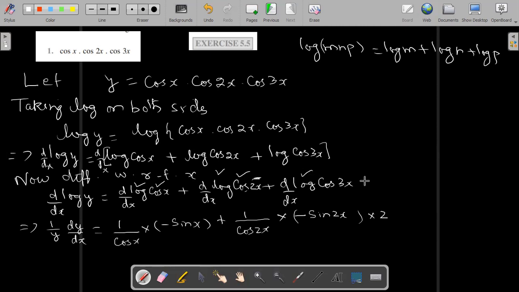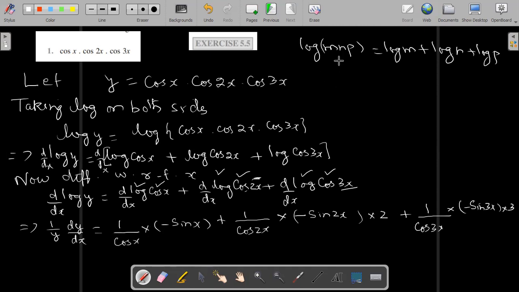Similarly here you have the differential of log, 1 by cos 3x. Then you write the differential of cos, that is minus sin 3x. Then going inside, the differential of 3x is 3. That is the final result now. We can bring y to this side and write the simplest form.